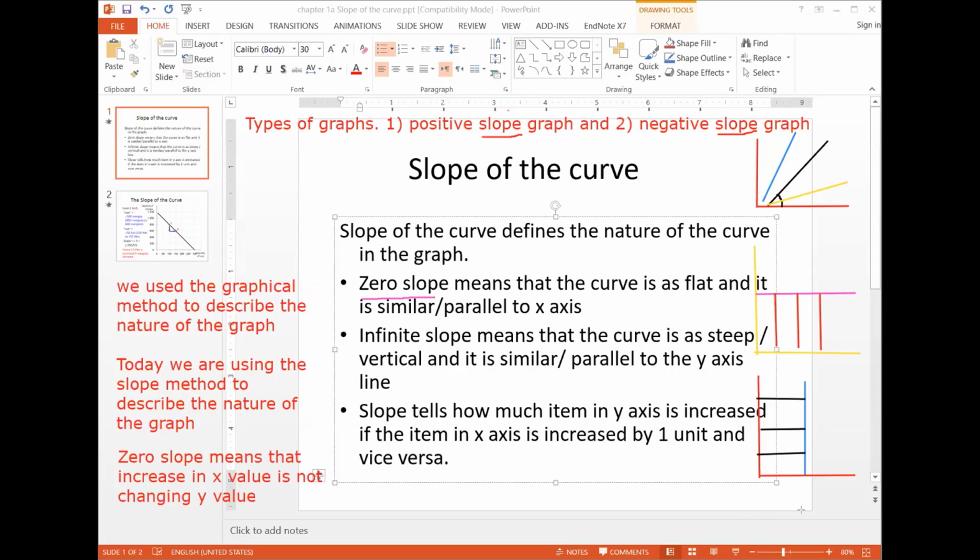So if the x is constant and y is changing, then the slope of the line is infinity. So let's write it here.